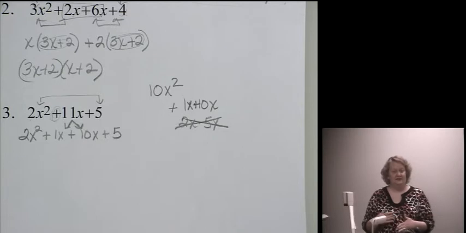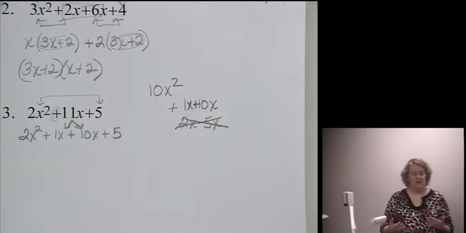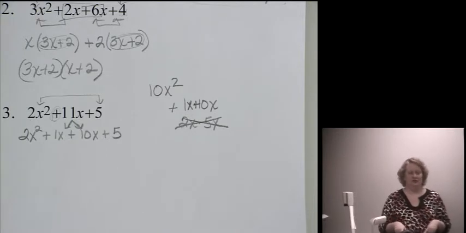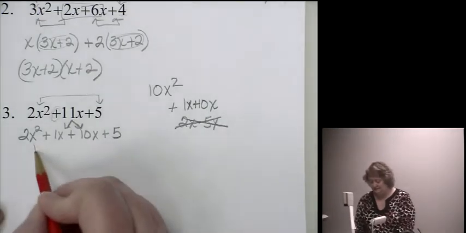So now I have 2x squared plus 1x plus 10x plus 5. And so all I've done is rewrite it, changing that middle term into something that makes our pattern hold true, which is the first and the last term multiply to give me 10x squared, and the middle terms multiply to give me 10x squared. So let's see if it factors.